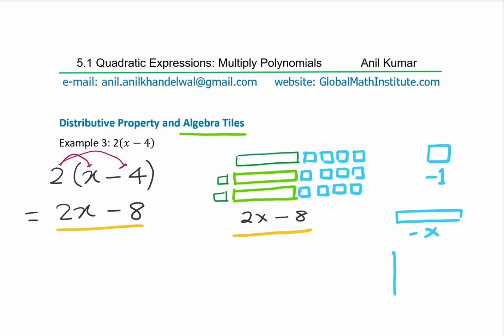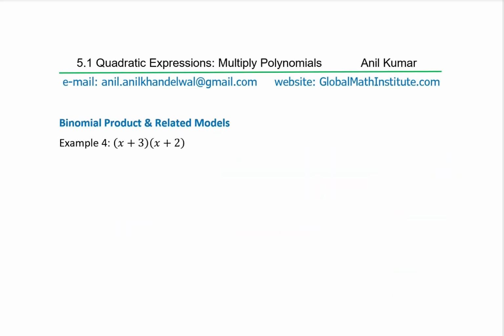And x squared with a negative sign will be kind of like this. Does it make sense to you? So that becomes a key as we move forward to apply these models and the distributive property to get our multiplication of polynomials going. Let's take up binomial products and related models now.